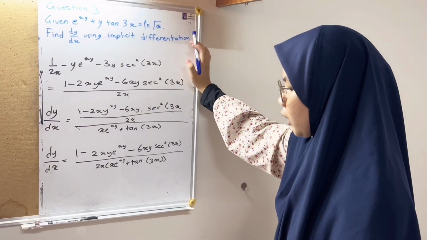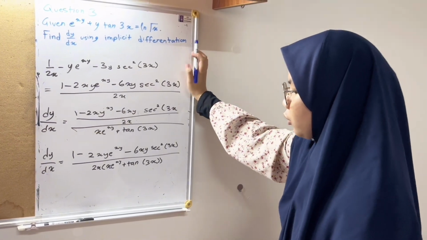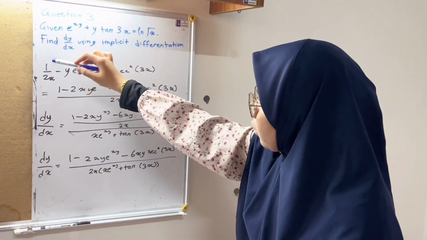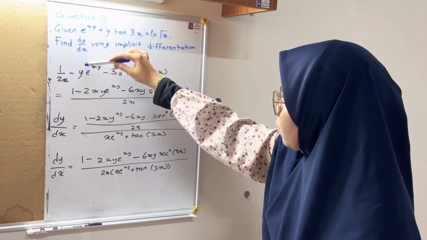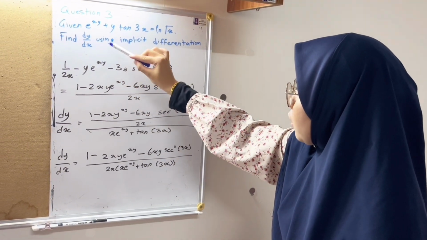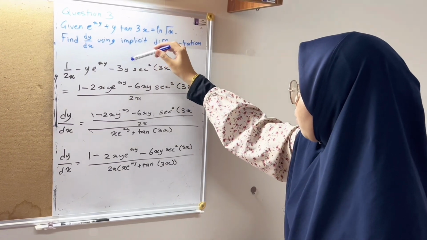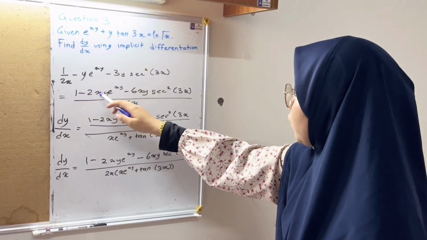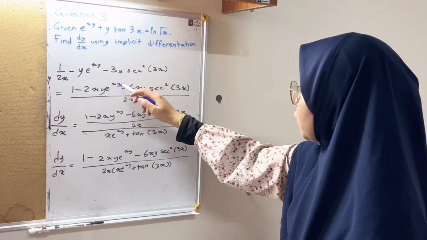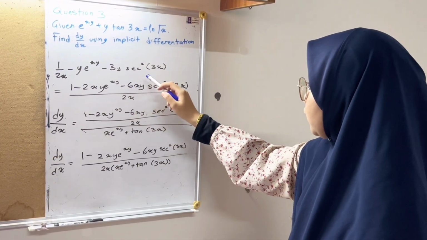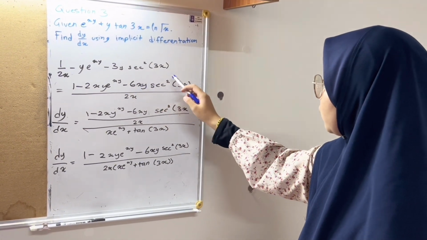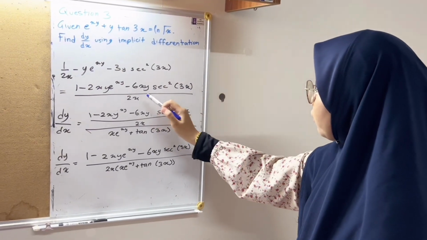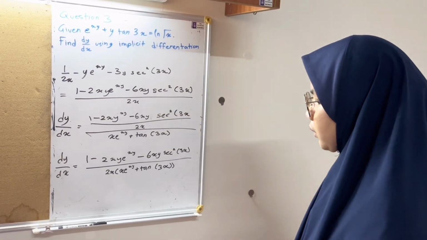the common denominator of 2x, like this: 1 over 2x minus y e to the power xy minus 3y sec square 3x equals 1 minus 2xy e to the power xy minus 6xy sec square 3x over 2x.